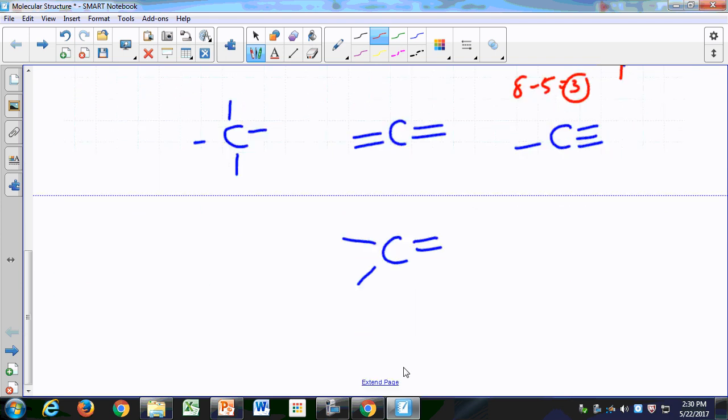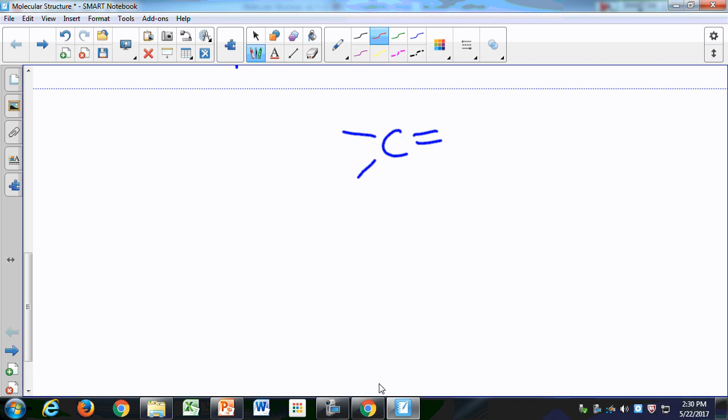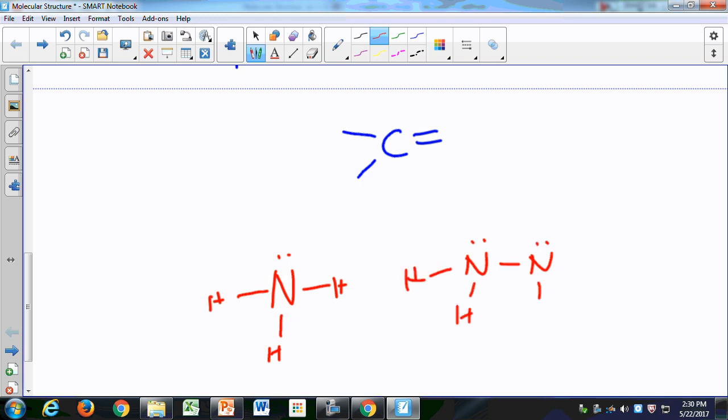The typical bonding pattern for nitrogen is a lone pair and 3 single bonds, like for example in ammonia, or in hydrazine. See, this nitrogen has 3 bonding pairs and a lone pair.